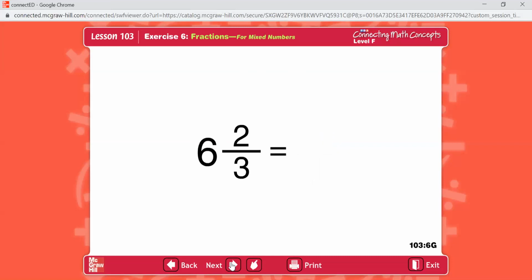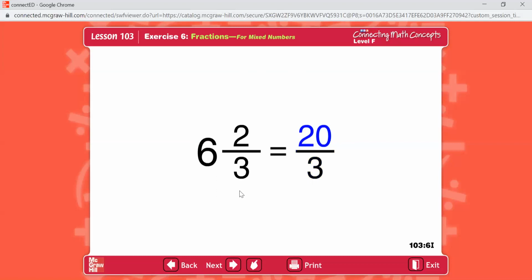6 and 2/3. Our denominator will remain 3. 3 times 6 equals 18, plus 2 equals 20.